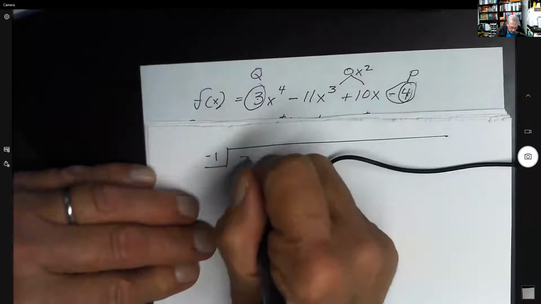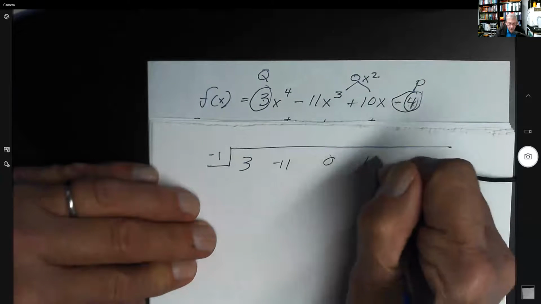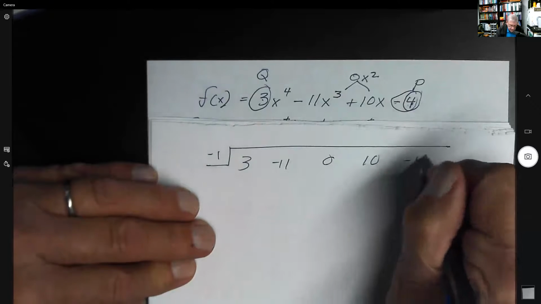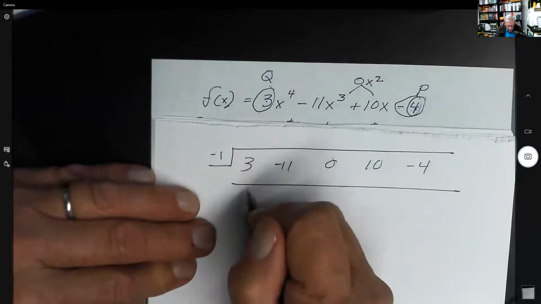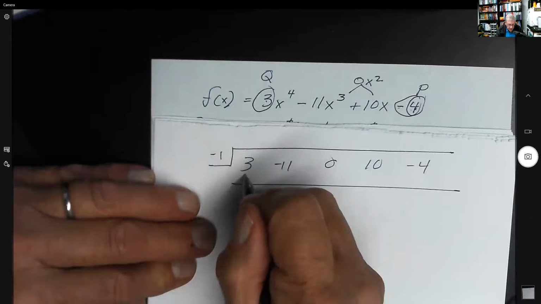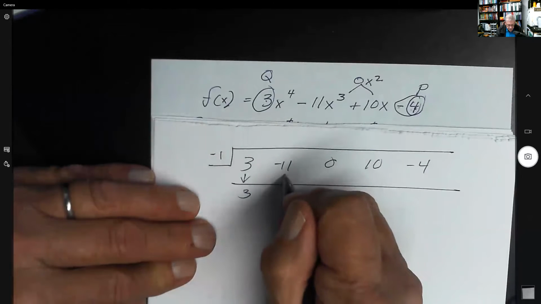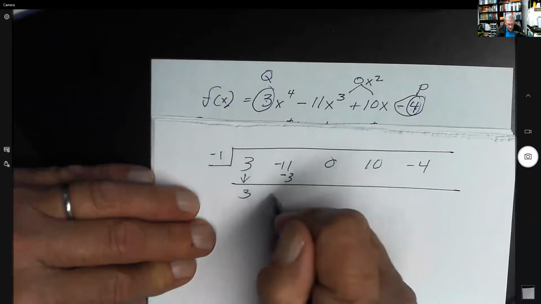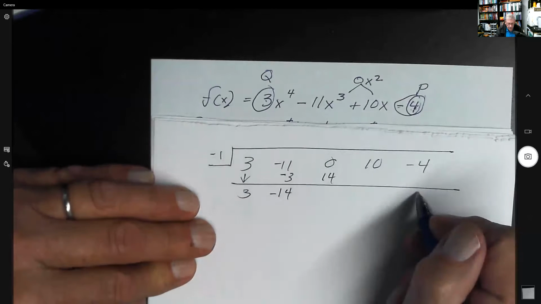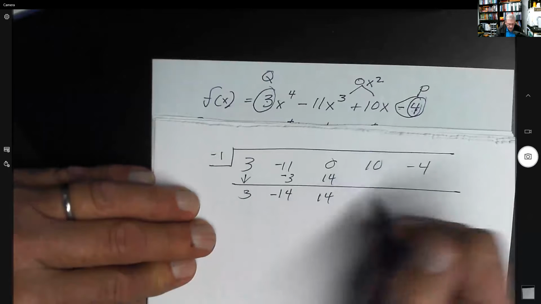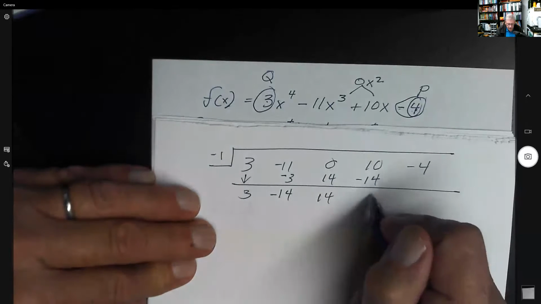It'll be 3, negative 11, 0, 10, negative 4. I want to wrap this up pretty fast, and then we'll finish this problem out tomorrow. Bring down, multiply, calculate, multiply, calculate, multiply, calculate.